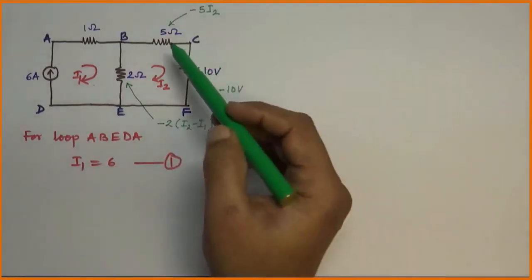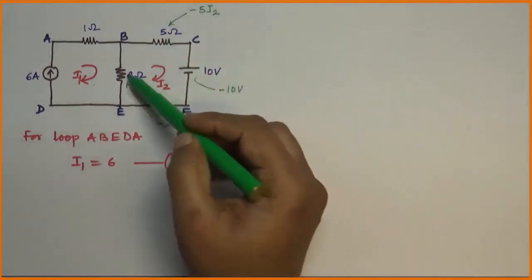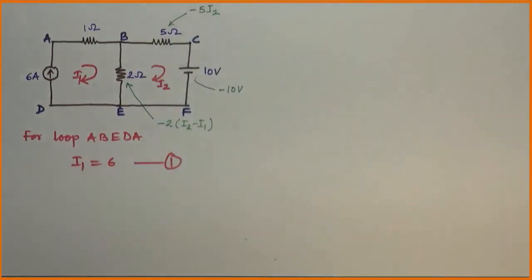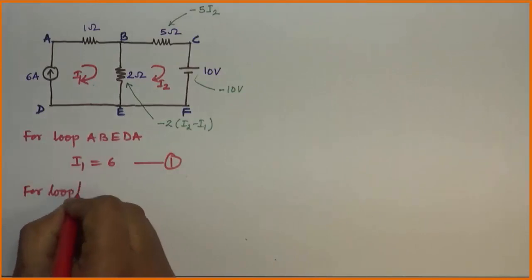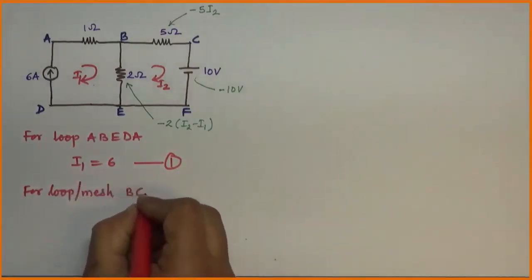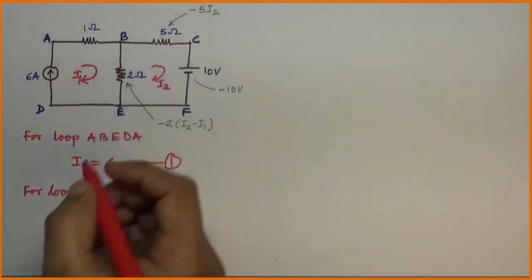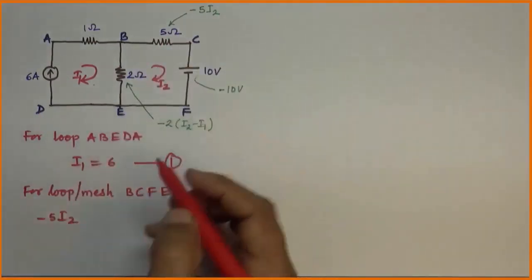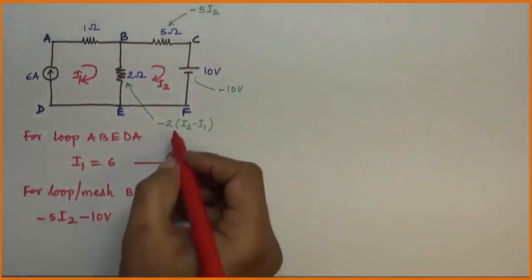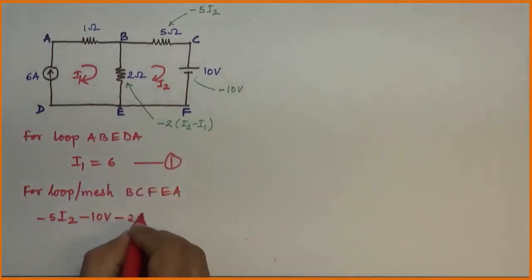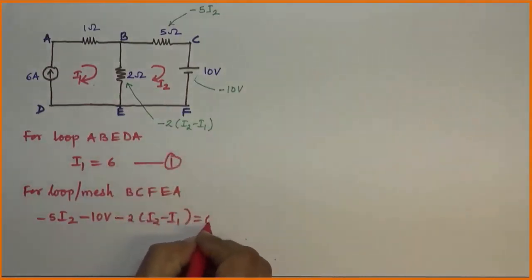Now we got values of all element voltage drops. So we can write down the equation of loop or mesh B, C, F, E, B. Equation will be, first element is minus 5I2, second element is minus 10 volt and third element is minus 2 (I2 minus I1) is equal to 0.